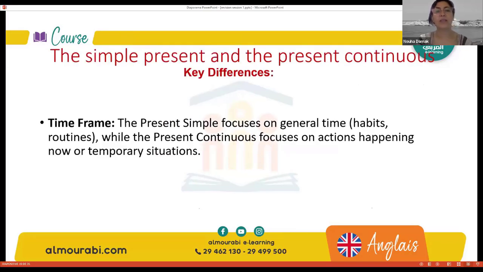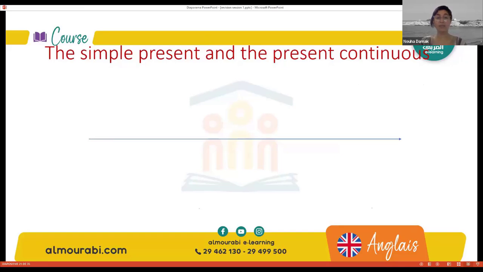Okay, the differences. The simple present focuses on general time like habits or routines, while the present continuous focuses on actions happening now or temporary situations. And if we try to focus on the timeline, this is the timeline. I guess you are familiar with this, aren't you? Are you familiar with the timeline?